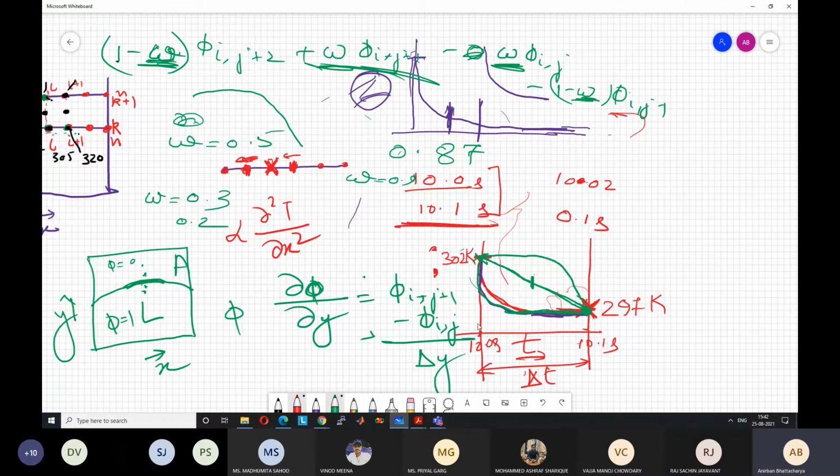In that case, within a time step, most of the time step is occupied by the new temperature, while only a small amount of the time step is near the old temperature. So in this case, the fully implicit scheme will be better suited as compared to the explicit or Crank-Nicolson scheme, because in the fully implicit scheme we are assuming that this temperature is valid for the entire domain. So we are calculating the energy transfer based on this temperature.